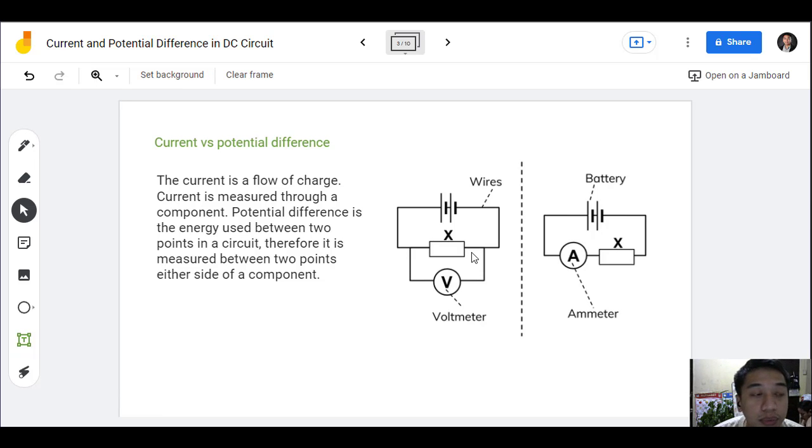While the potential difference is energy used between 2 points in a circuit. So therefore, it is measured between 2 points either side of a component. So on the right side, you can see that the ammeter was attached in a series circuit.